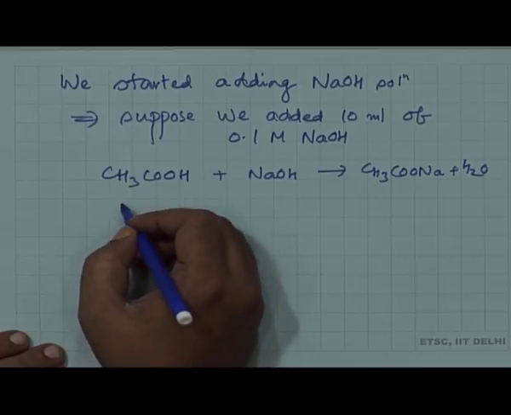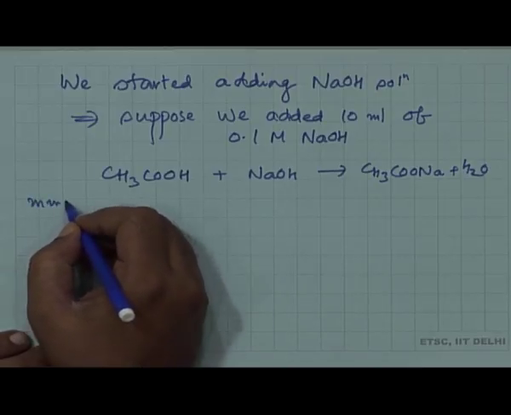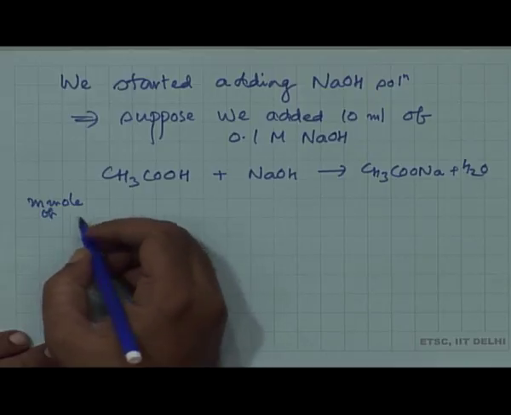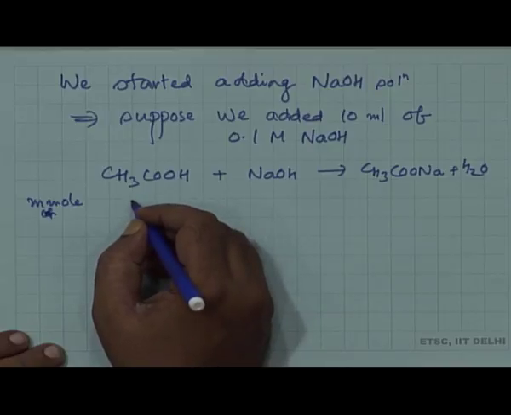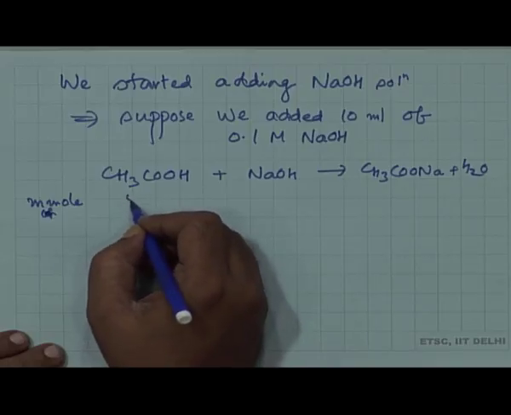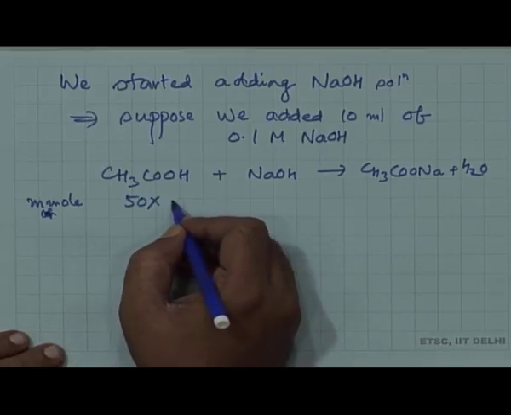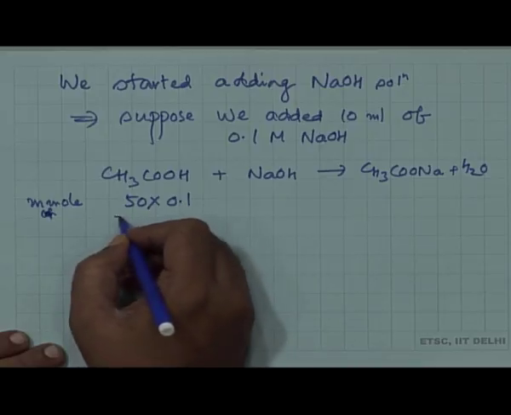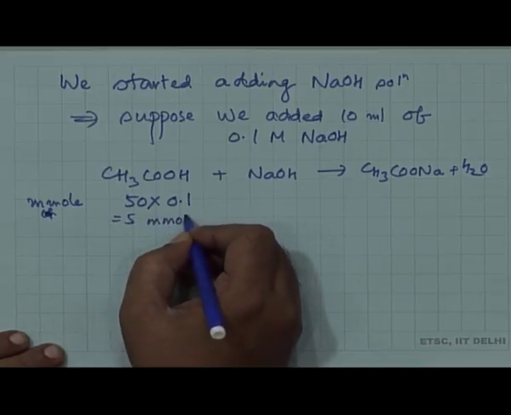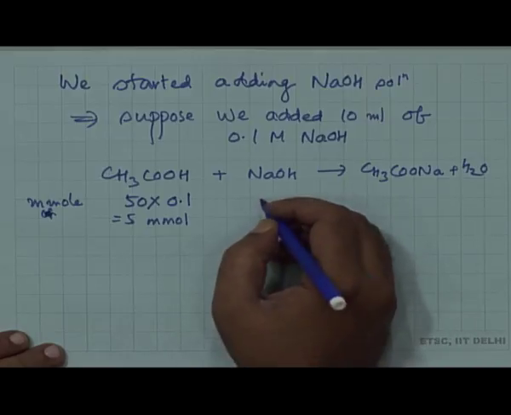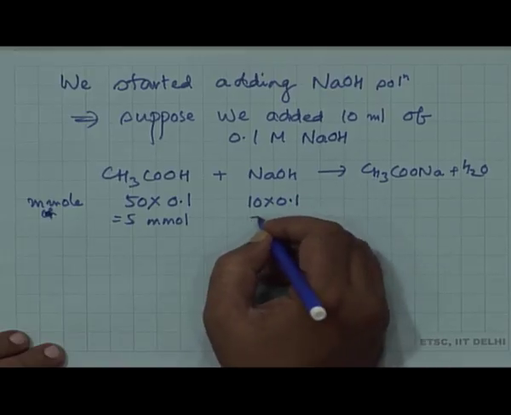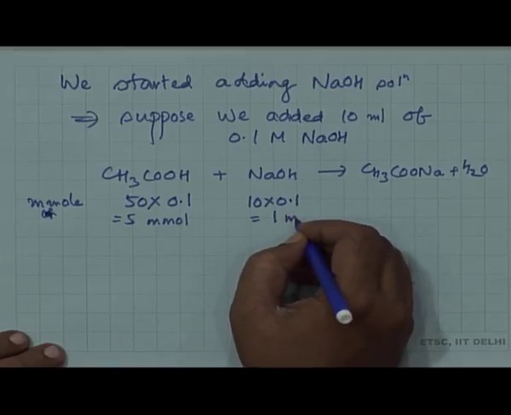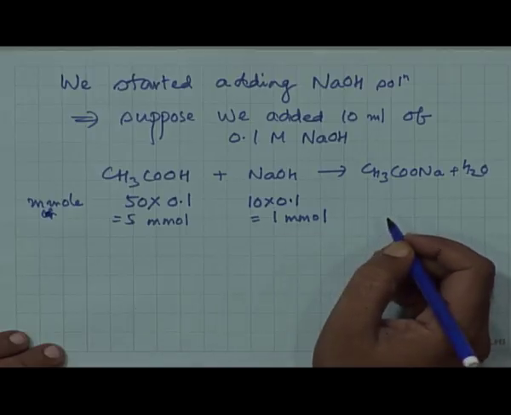If we just look at the initial millimoles of the reactants and product, we started with 50 ml into 0.1 molar, so basically 5 millimole of acetic acid, and we added 10 into 0.1, that is 1 millimole of NaOH.